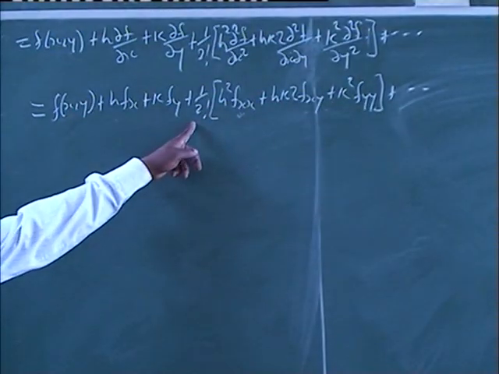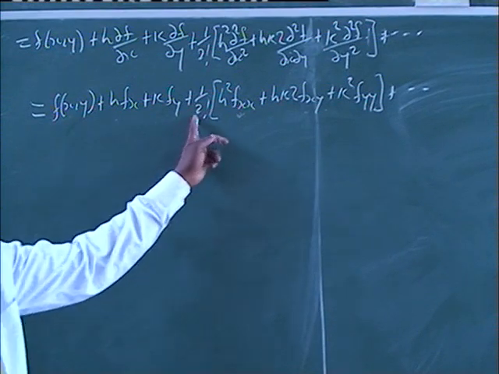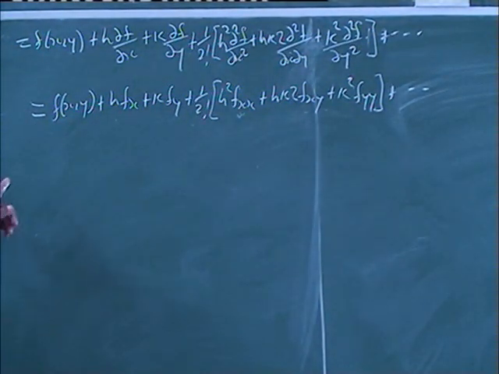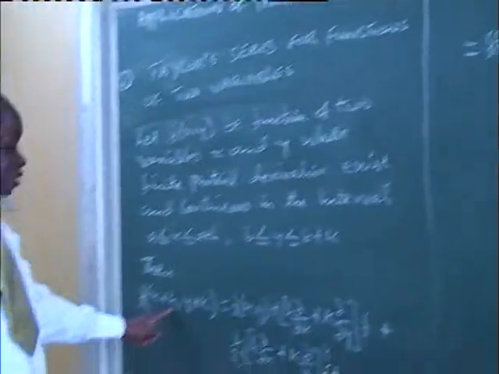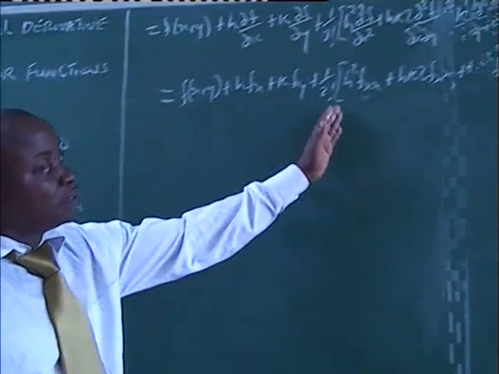Notice that this factorial multiplies all this. Now we are saying that f of x plus h and then y plus k will be equal to this.